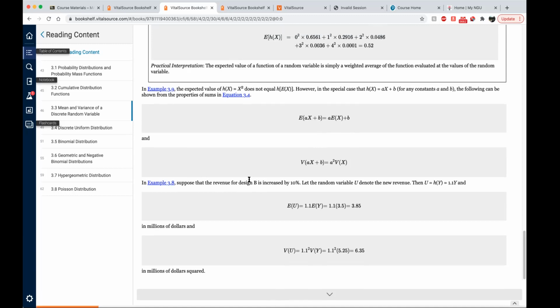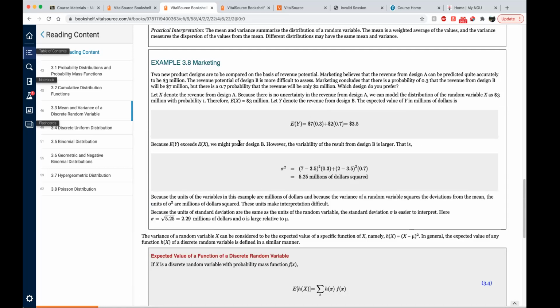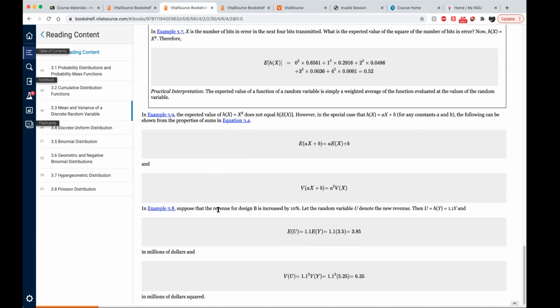Now, example 3.8 right there, I didn't cover it, but look at this example 3.8. Suppose that the revenue for design B is increased by 10%. Let the random variable U denote the new revenue, 1.1Y.